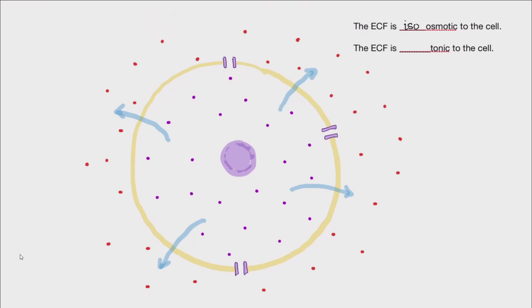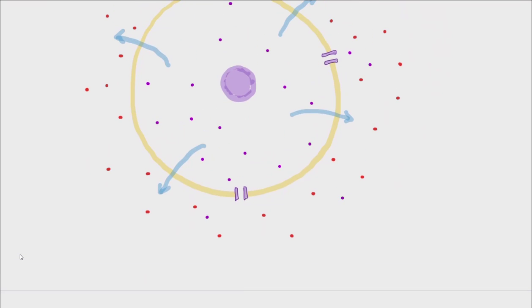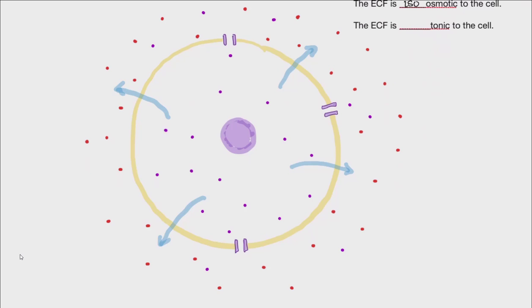So why is that? Since I've inserted a bunch of potassium channels, I expect that potassium is going to move until it reaches its own diffusion equilibrium. That is to say, the concentration of potassium inside the cell will be equal to the concentration of potassium outside of the cell.